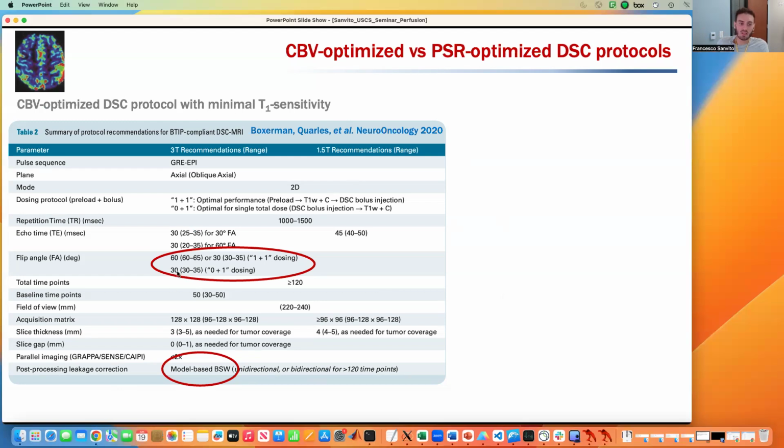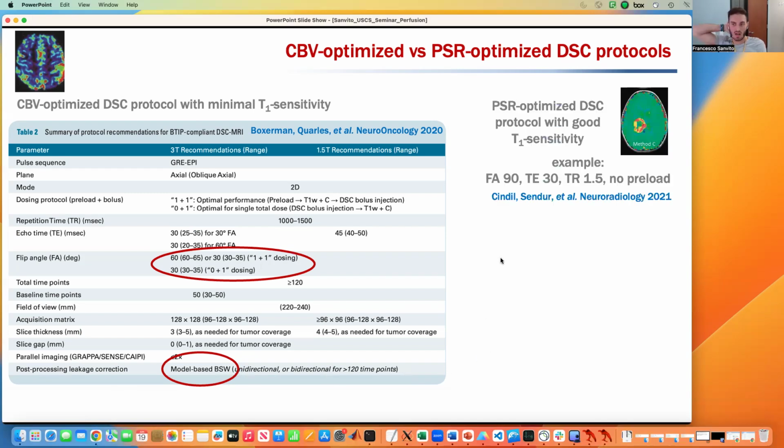How do we do it technically? We lower the flip angle to 30, 35, or we lower the flip angle to an intermediate level, 60 to 65, but with preload. And in addition, we also have to use leakage correction to correct for leakage.